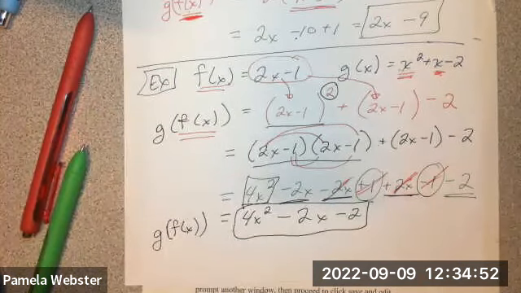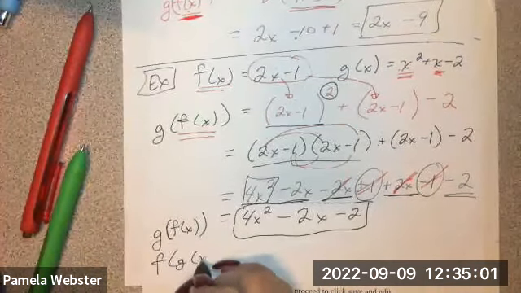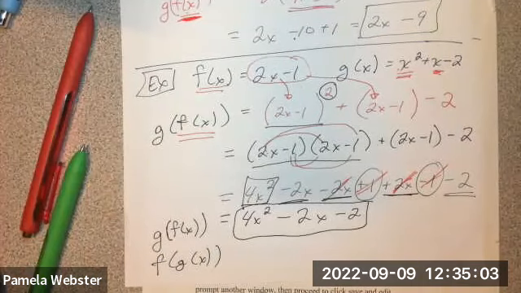I know that I'm running out of time, and I apologize for that. I'm looking at it and I say you can do the f of g of x on your own if you want to. Let me look real quickly in the book and see if that's in there. They did not do the f of g and g of f with those two functions, so I don't have that answer.